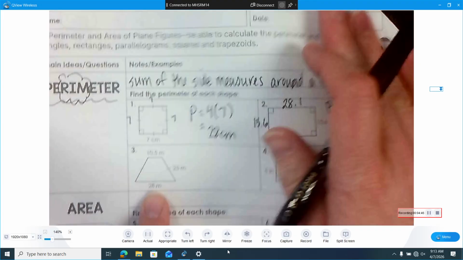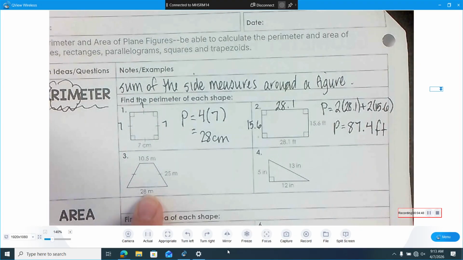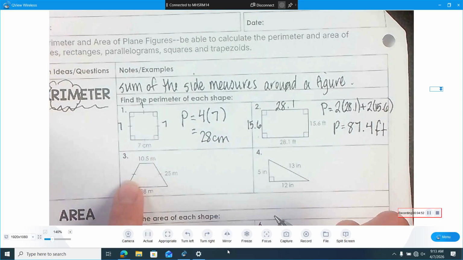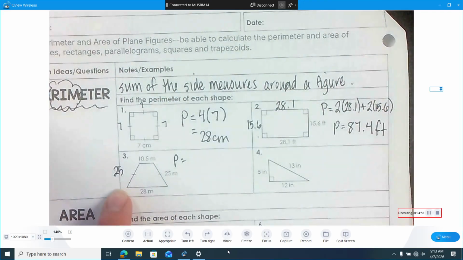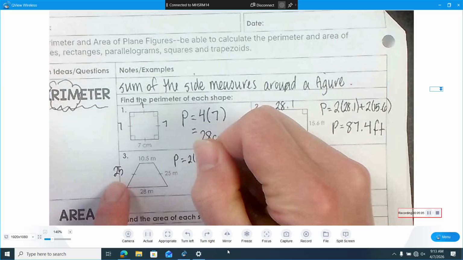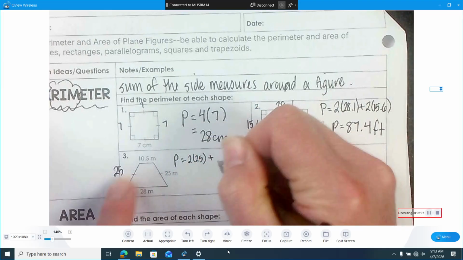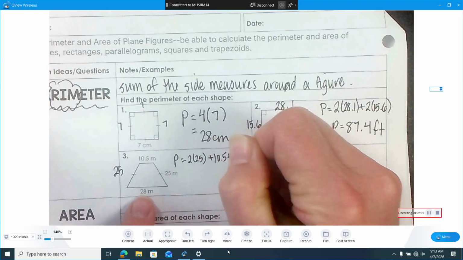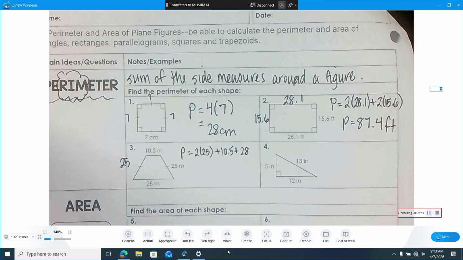What figure is this? Trapezoid, very good. And so for this trapezoid, what's this side over here going to be? 25 also, very good. So how do we find the perimeter? Add them all together. So I'm going to say I have 2 25s plus 10.5 plus 28.